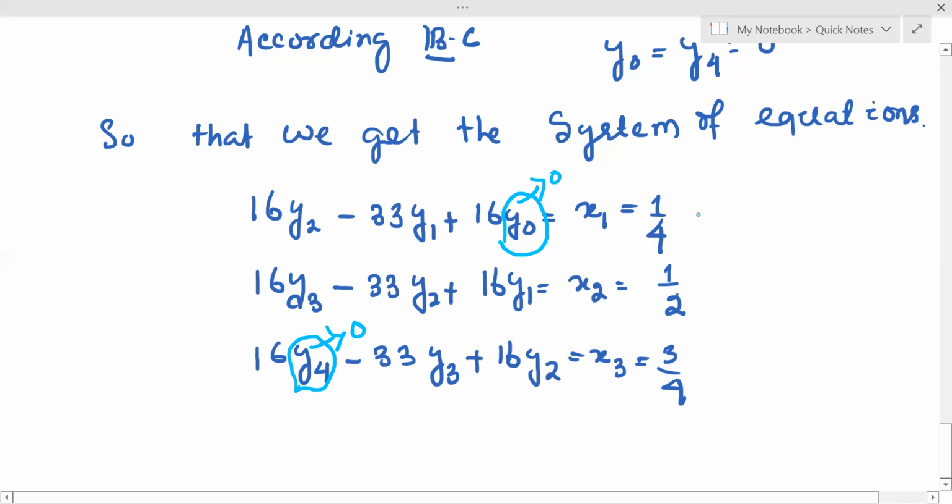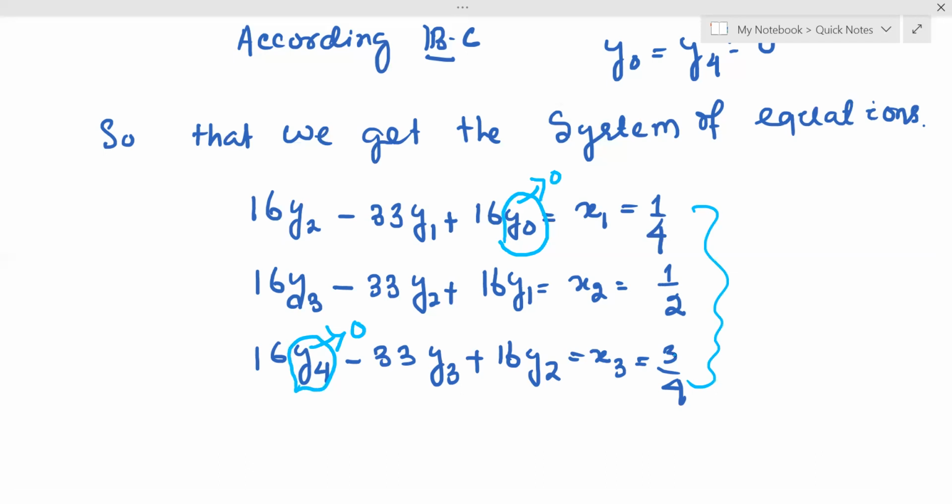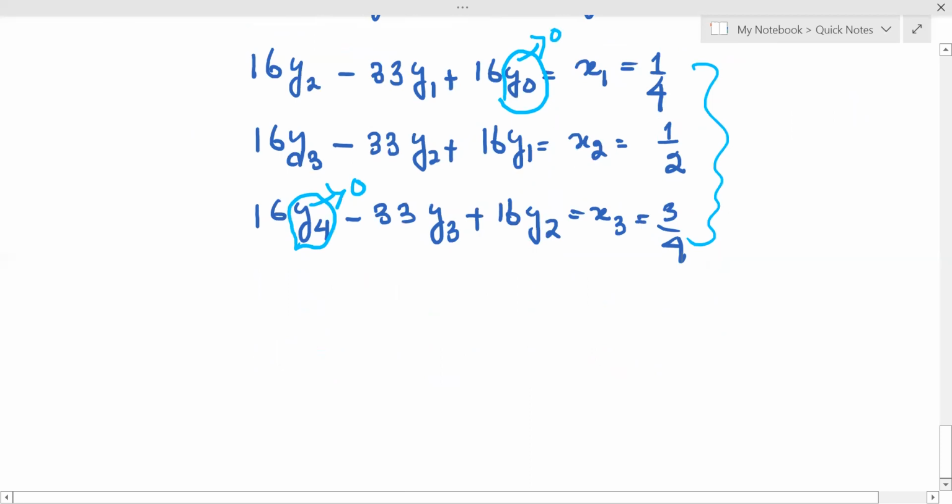This equation is simplified by using your calculator. Then you get the solutions of y1, y2, y3. Then you continue this solution, simplify the above equations.